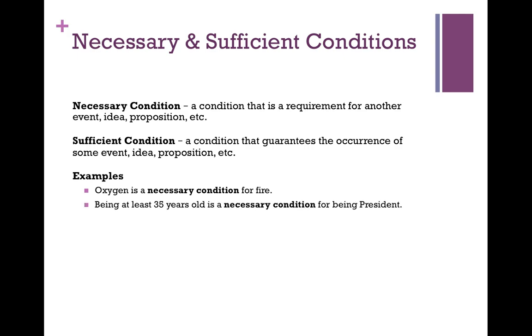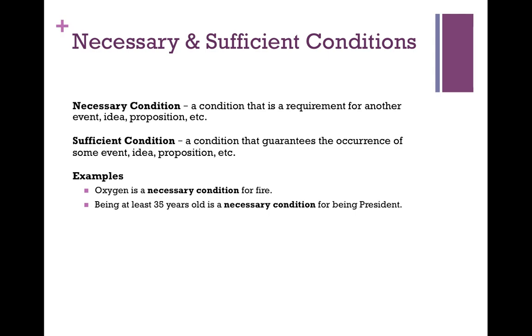Being at least 35 years old is a necessary condition for being president. That means that in order to be president, you must be at least 35. Now, being 35 is not a guarantee of being president. Otherwise, anyone that was at least 35 would be president, which would mean millions and millions of people in this country would be president. In fact, you wouldn't even have to be a citizen, so billions of people would be president.